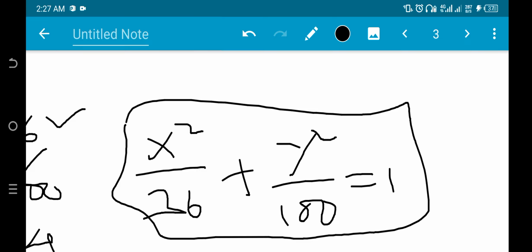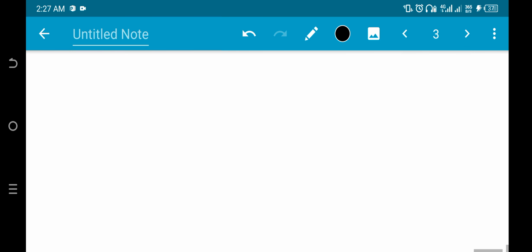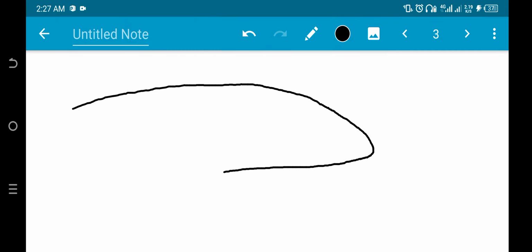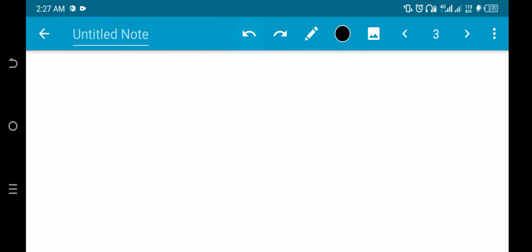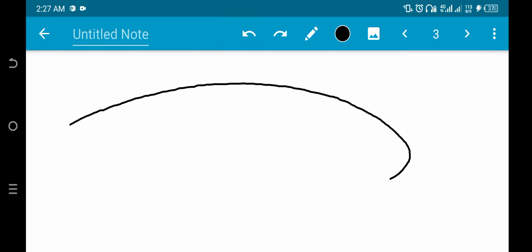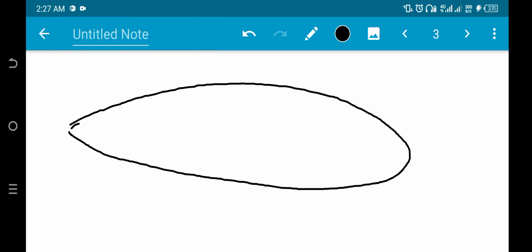So under the applications of ellipse, the most important thing you find is this. This is an ellipse. Let me try to draw it nice and well. Yes, this is better.